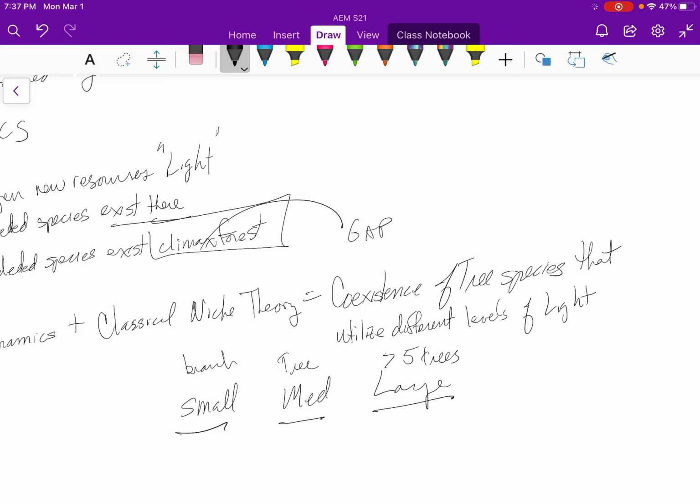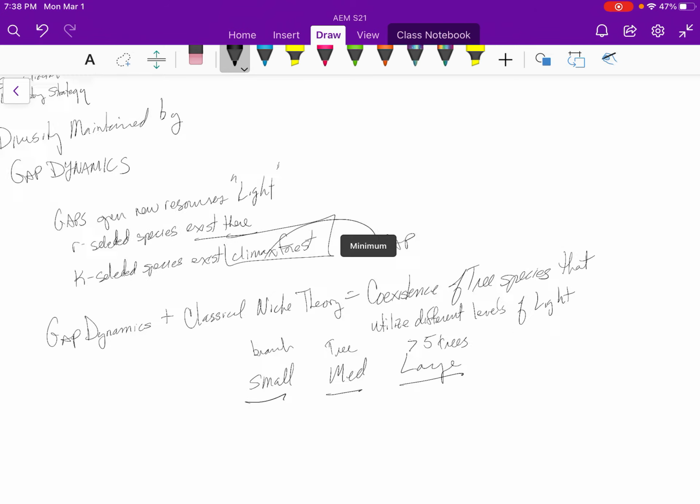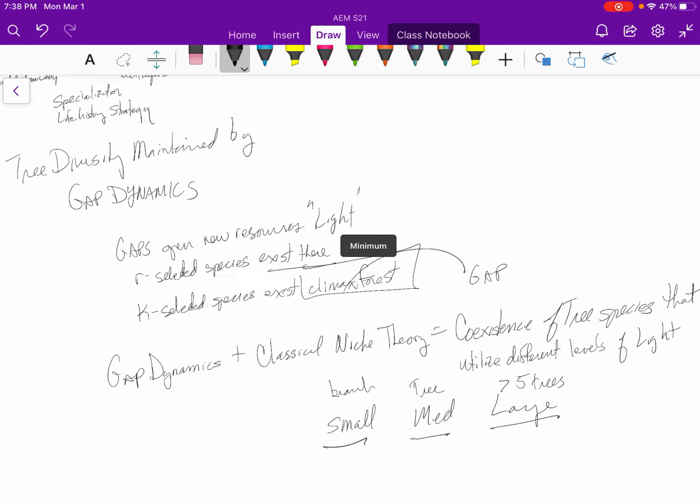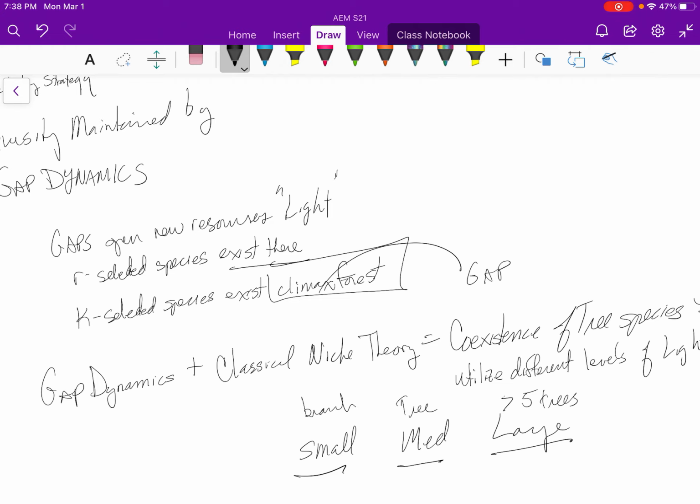And you have these different size gaps, which create different light regimes and different habitats. So essentially, this allows all of our trees to coexist. This is one explanation for tropical diversity. We're going to look at the data and see what we can find that supports this explanation, this hypothesis. Of course, we're also going to propose some other hypotheses, so get ready for those.